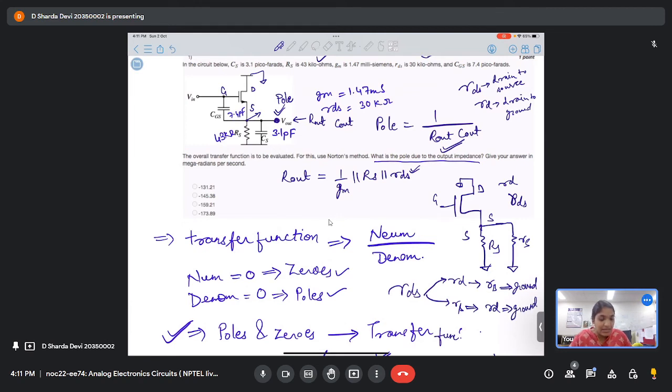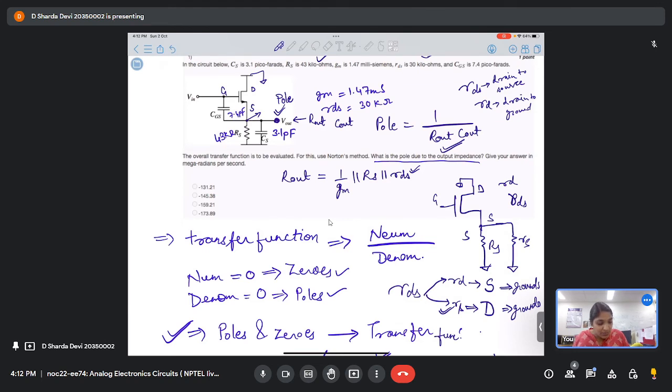So in our case, what is happening? This is the condition that we are seeing in this particular circuit, right? Here the drain is grounded. Sorry, RD applies when the source is grounded, and this applies when the drain is grounded.